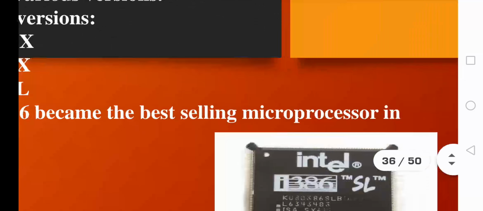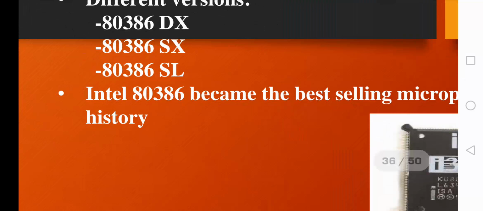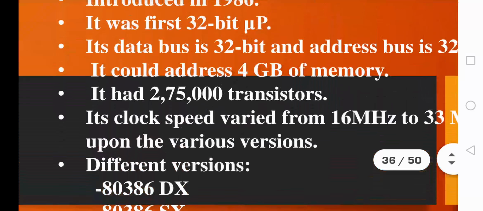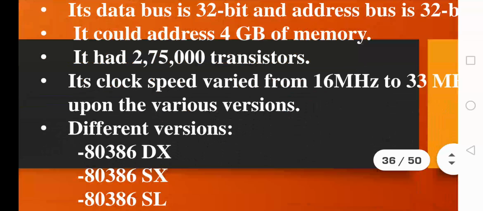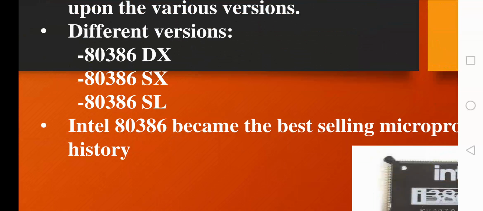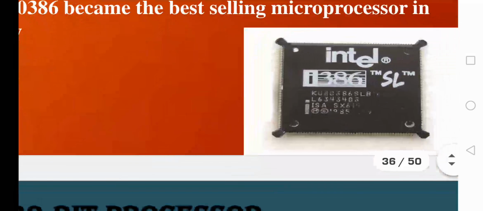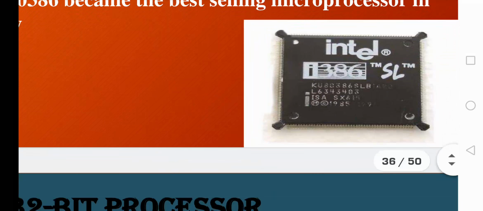It became the best selling microprocessor in history. The 80386, the first 32-bit microprocessor, was highly popular. This is the actual figure of the 32-bit processor, the 80386.